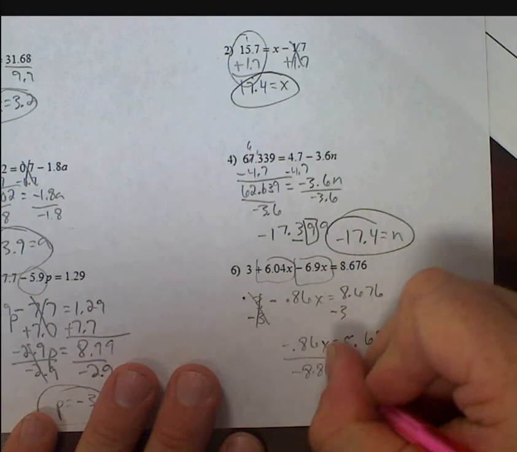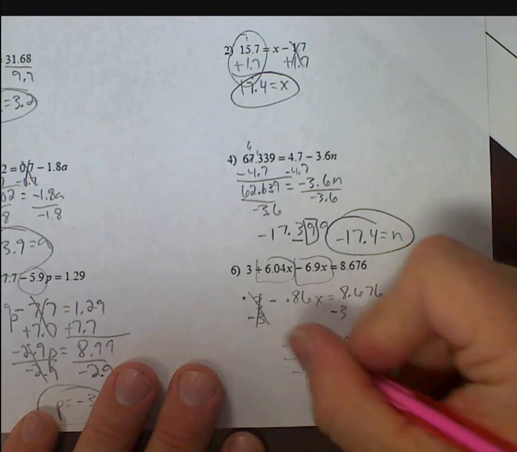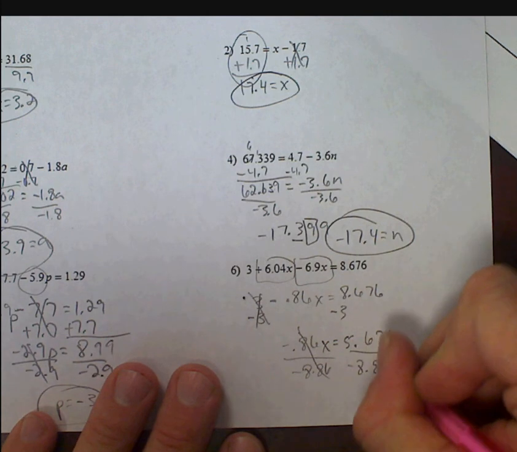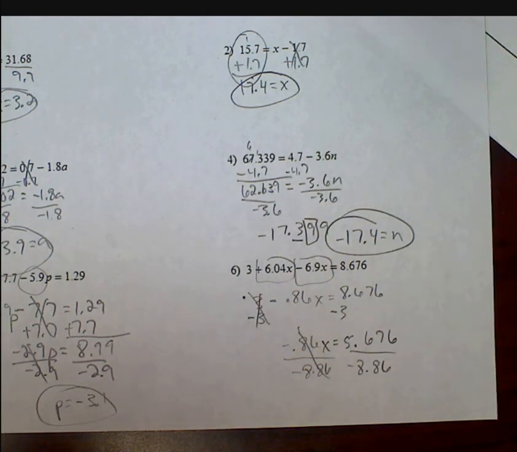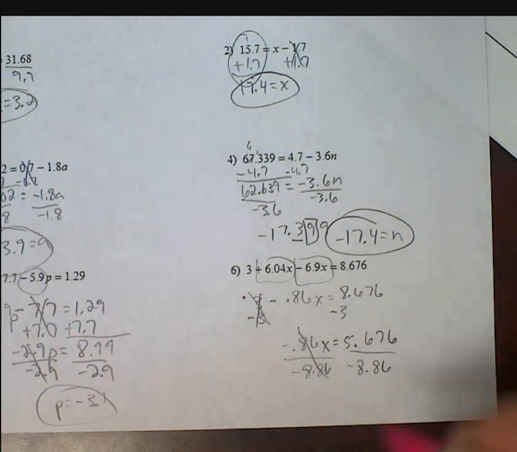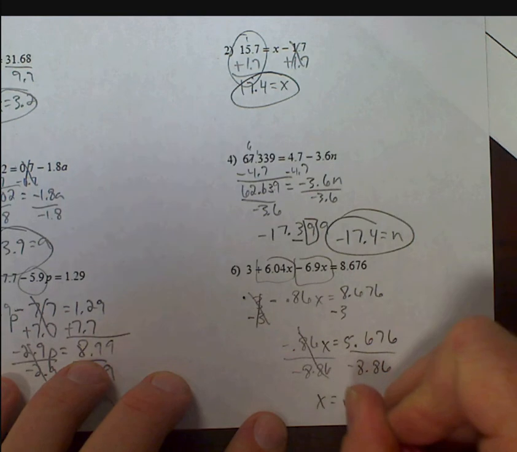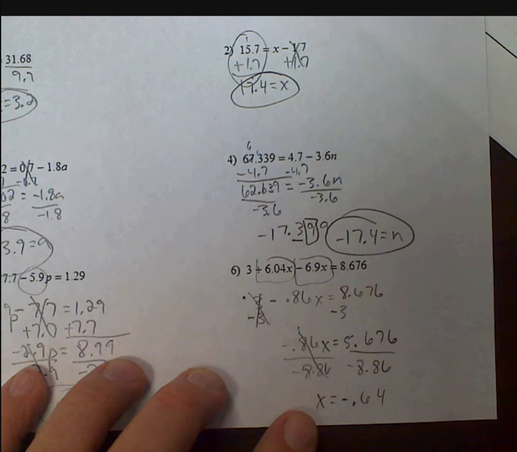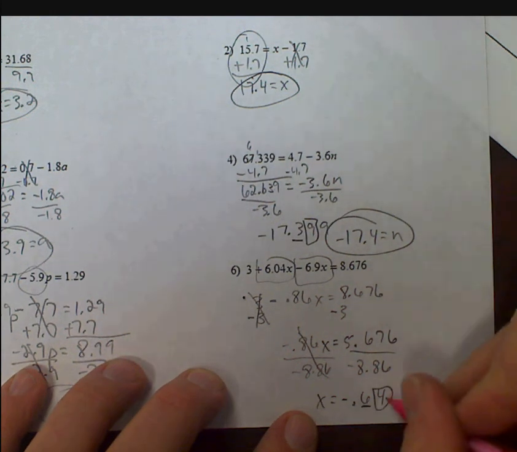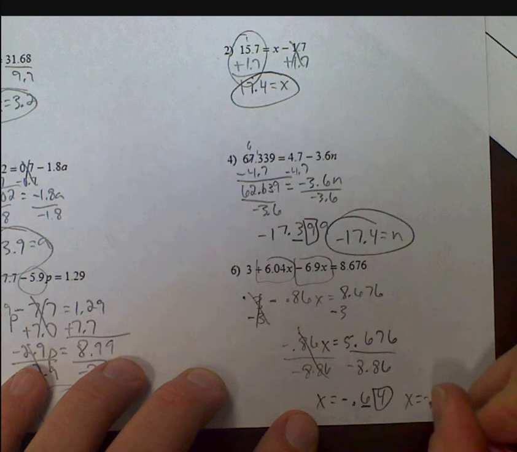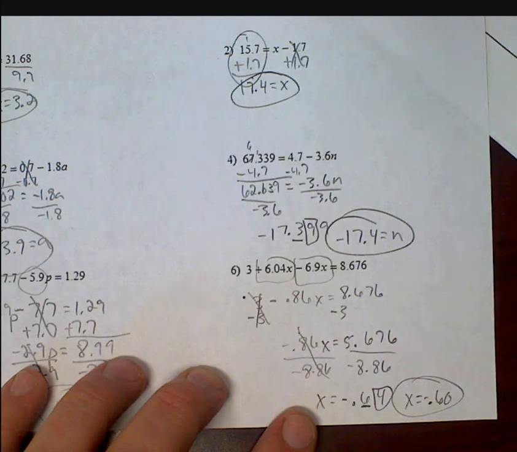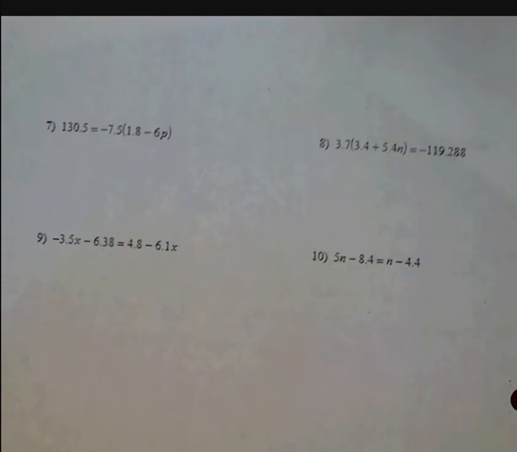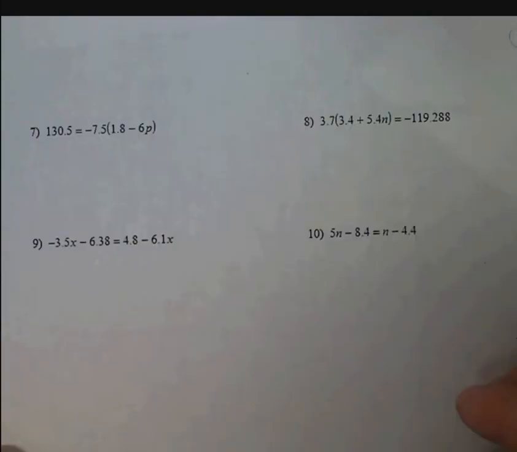Divide by negative 0.86, divide by negative 0.86. 5.676 divided by 0.86 gives me negative 6.6, and then it continues. Let's go ahead and round. The 4 makes the 6 stay, so x equals negative 6.60. That's if we round. Let's go ahead with the backside.